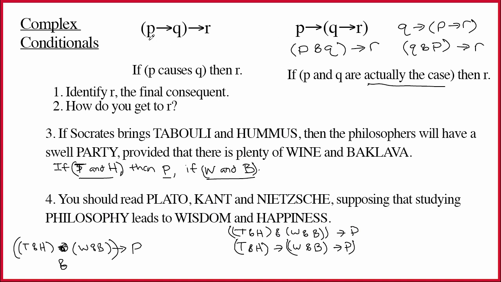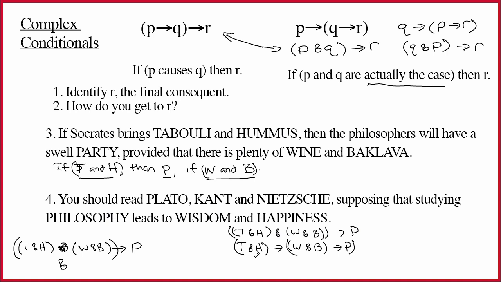I'm emphasizing the difference between this pattern and this pattern, but the difference is just going from arrow to ampersand. So as a strategy for thinking about these two different patterns, that would be one way to work. Try it with an arrow. If you don't like the way the arrow sounds, try it with an ampersand. For the sake of completeness, we should point out a few more things.